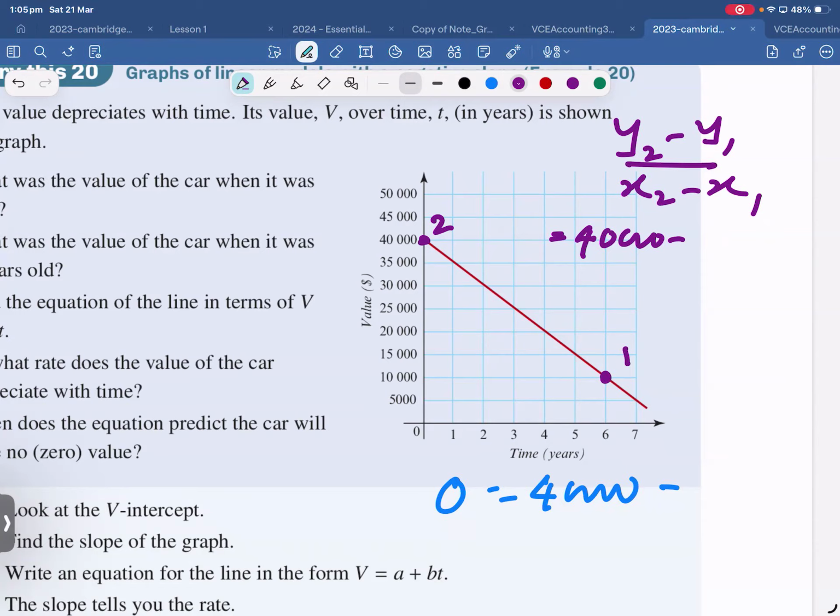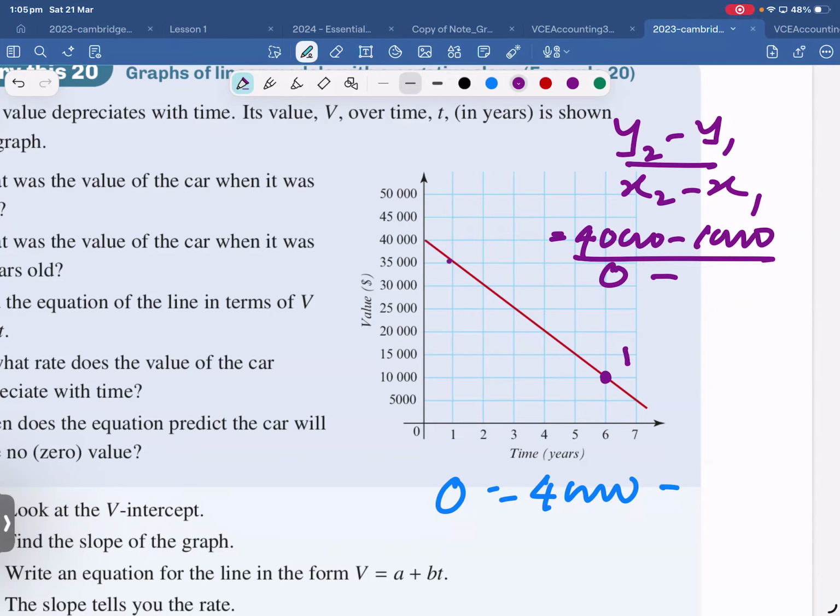What would the answer be for that one? For which one? This one? Yeah. 40,000, you took 4,000 and 10,000, yes? And then x2 is 0. Now, which one did you take? 35.